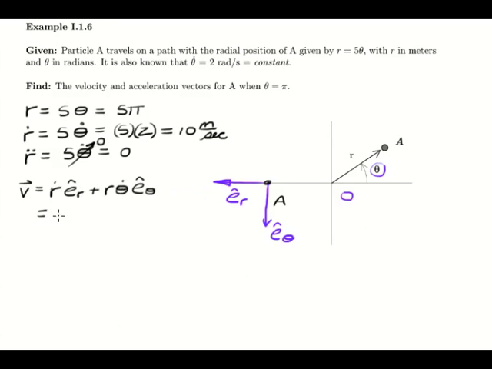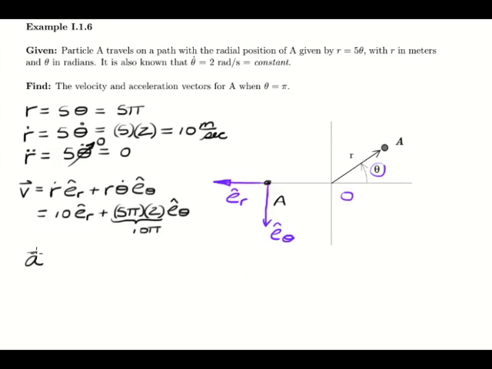So r dot is equal to 10. R is equal to 5 pi. Theta dot's 2. So this component is equal to 10 pi.